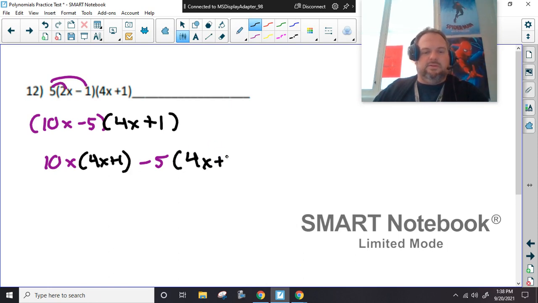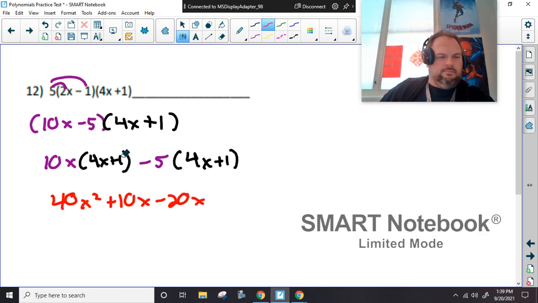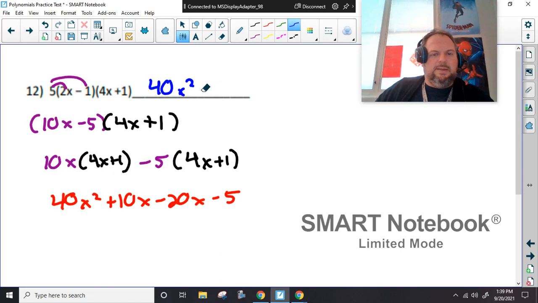And then double distributive. I think I have more people doing double distributive than the other methods, but I could be wrong. All right, so we get 40x squared minus 10x minus 5.